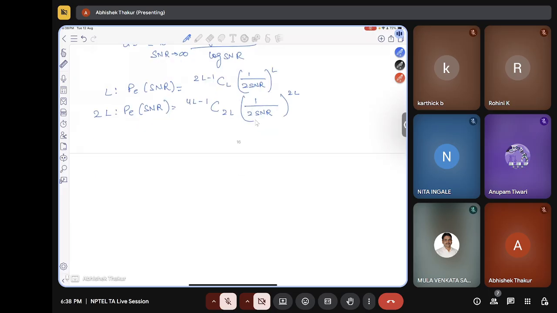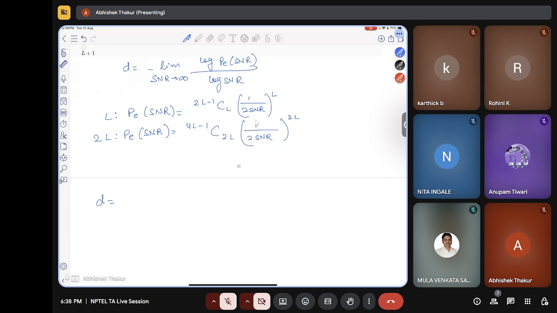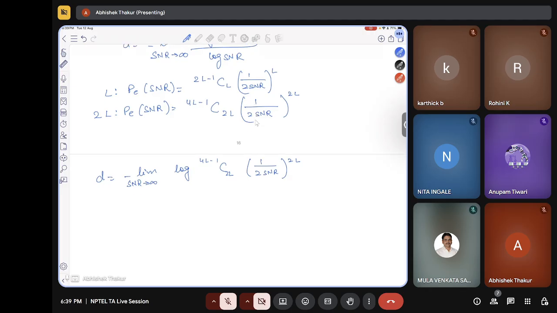The diversity order D is equal to minus the limit as SNR tends to infinity of log of the probability of error for 2L antennas, (4L minus 1 C 2L) times (1 by 2 SNR) to the power of 2L, divided by log of SNR.